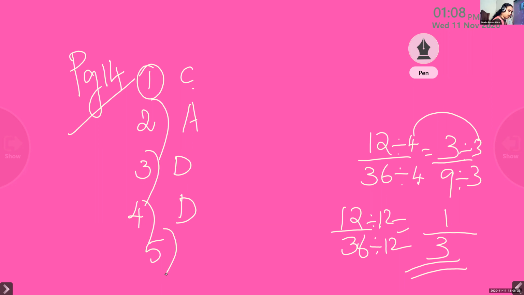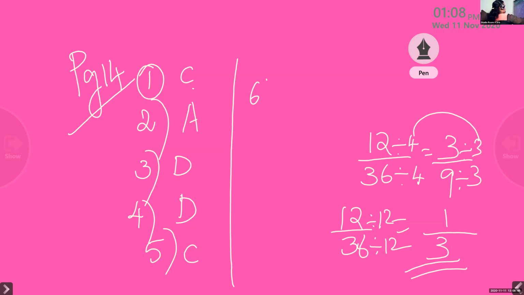The reduced form of 1 by 6 is 1 by 6 itself. We cannot change or reduce this number again. 1 and 6, the common factor is 1 itself. Understood?